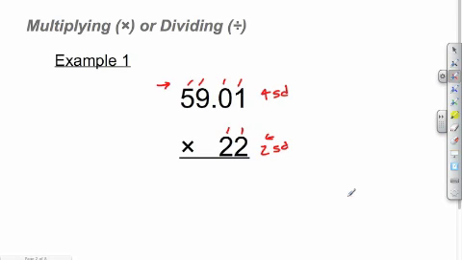So when I do my answer, 59.01 times 22, I'm going to punch that into the calculator.